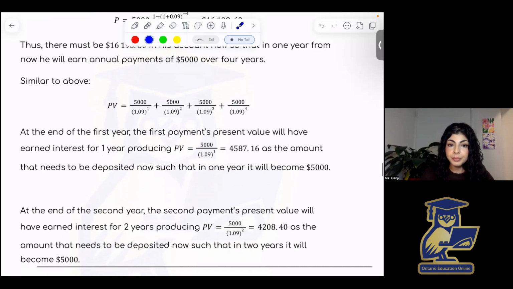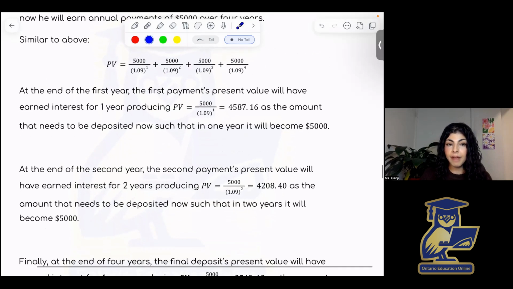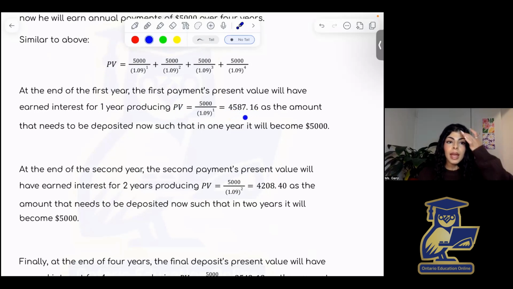So then, just to break it down here as well, the present value of the payment of the first year is $4,587.16. And that's how much needs to be deposited so that after 1 year, he has $5,000.